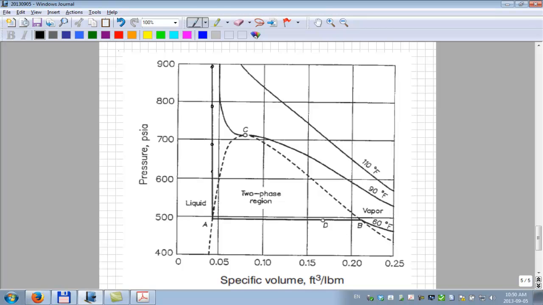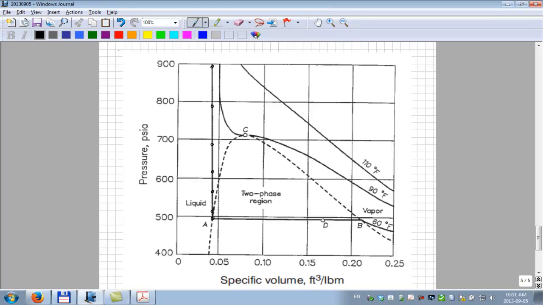The volume hardly changes at all until we reach this point here. So if we start the experiment at 60 degrees and 900 psi, and we measure the volume, it's short of 0.04 or something, and we lower the pressure, we see very little expansion, very small compressibility. But then it hits 490 psi.